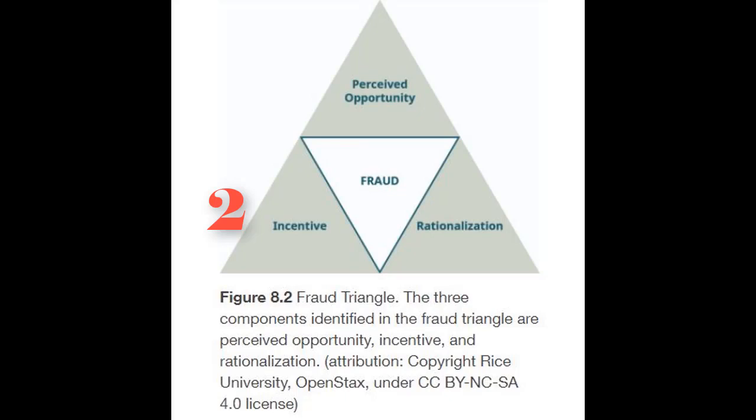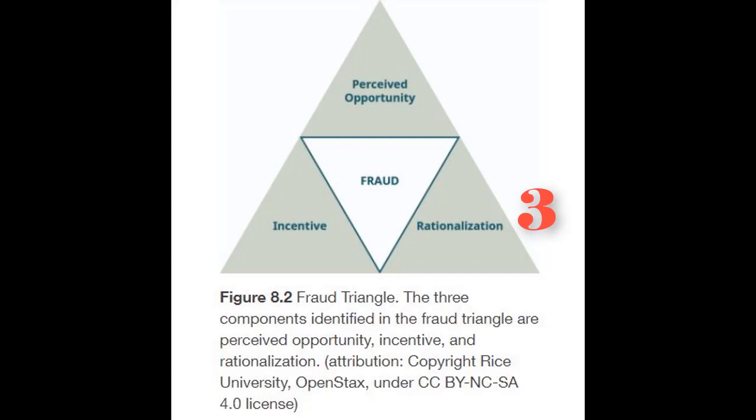Number 2, they need to have the incentive to do it. They need to be motivated to steal. The third piece of the pie is perhaps the most interesting one. They need to be able to rationalize that what they're doing is appropriate.